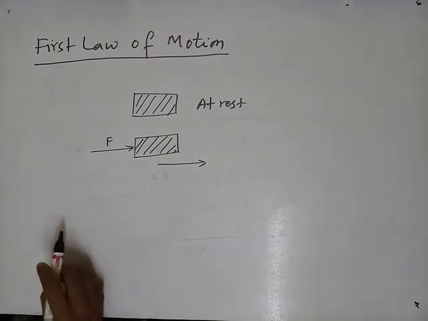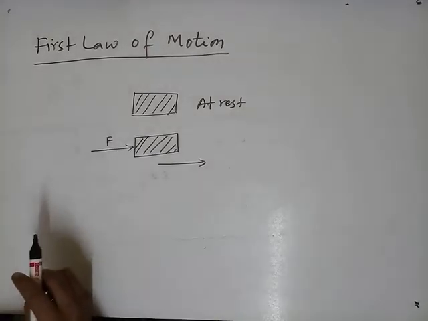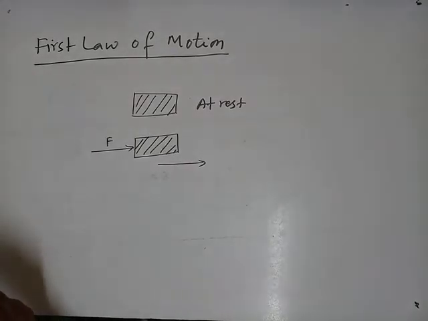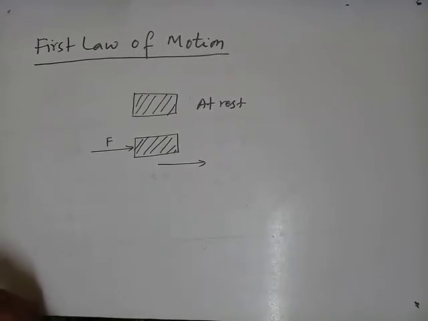So the bicycle will stop after covering a certain distance. This is the first law. The first law states that a body remains in a state of rest or uniform motion in a straight line unless compelled to change that state by an applied force. You can also say it this way: all objects resist a change in their state of motion.